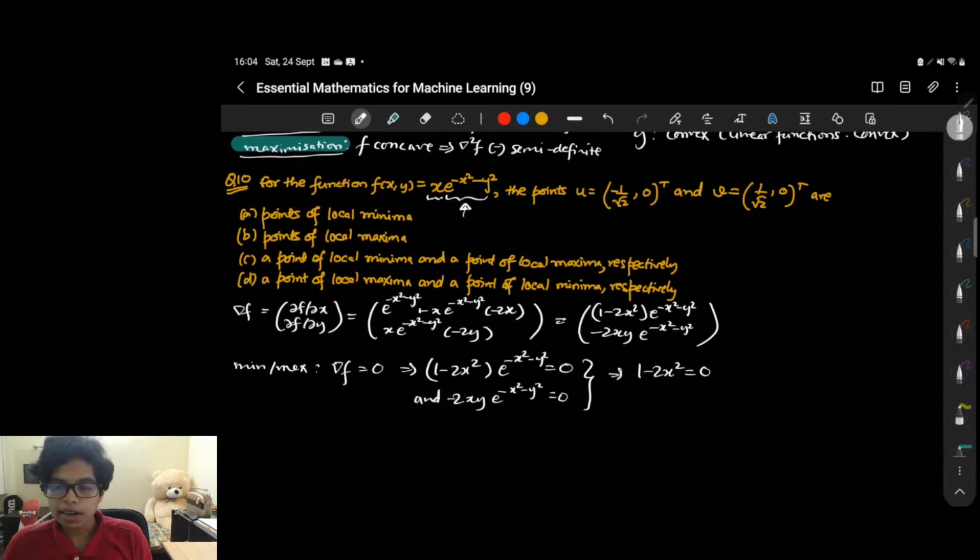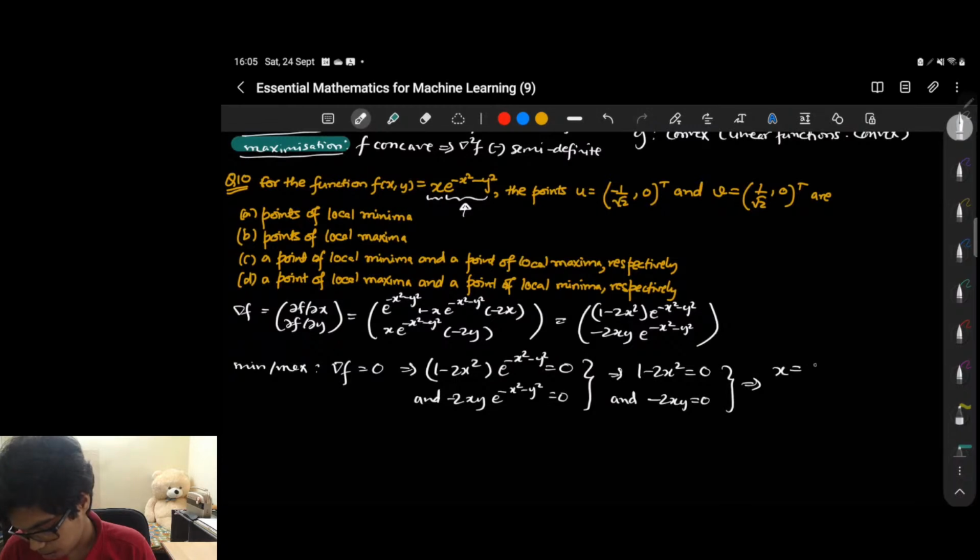Exponential function never crosses the x-axis. It never becomes 0. So that means the term next to the exponential function, which is in product, needs to be 0. So from here we get this. And since x is non-zero, therefore we get y is equal to 0 from here.